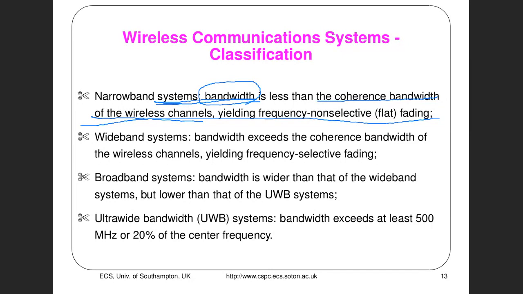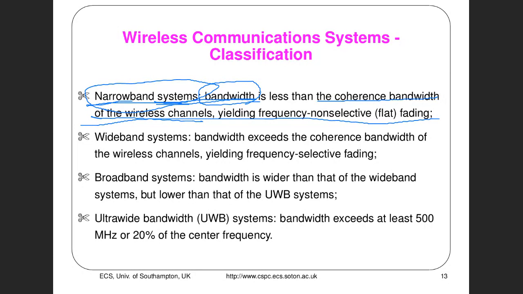That scenario is the benign scenario. It is a good scenario. So it is called a narrowband system. Strictly speaking, it happens when system bandwidth is less than the coherent bandwidth of the wireless channels.